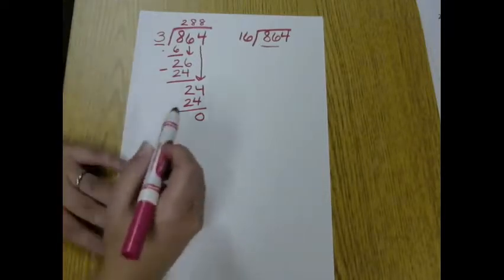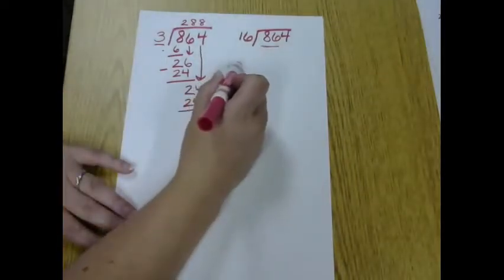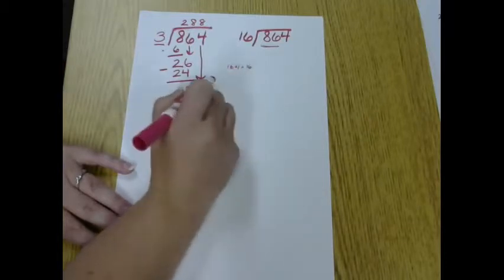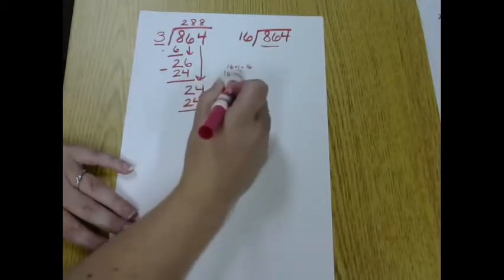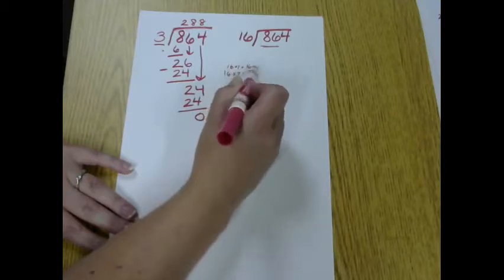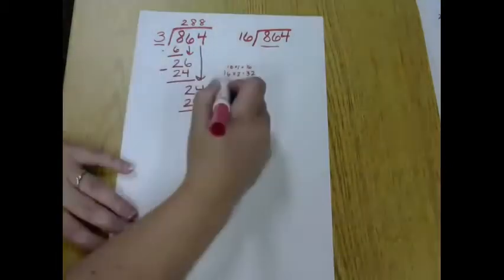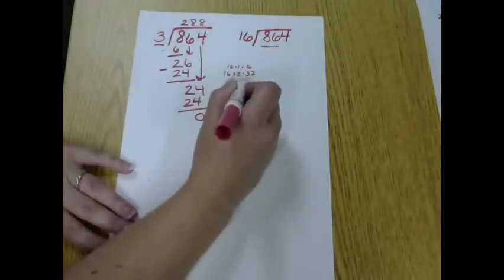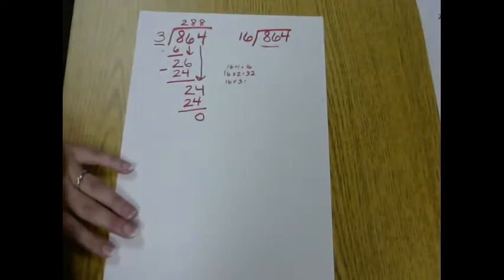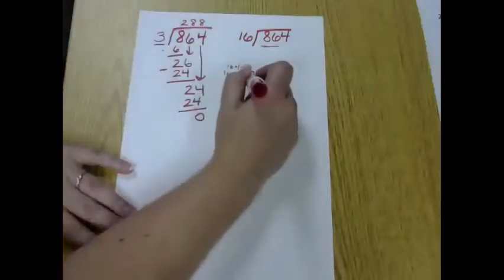We get some students that begin playing around. Well, 16 times 1 is 16, and 16 times 2 is 32, if they even can get that far. 16 times 3, well, in my head, I'm doing 30 and 18, so that's 48.